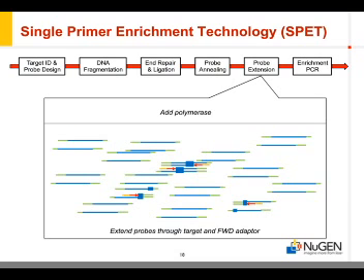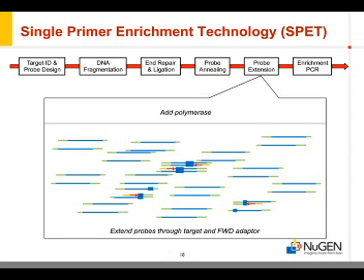And as you can see, after the extension takes place, we end up with full-length library molecules that contain a forward flow cell adapter that includes the index as well as the N6 tag, and our reverse flow cell adapter. And that's now a complete amplifiable library molecule.